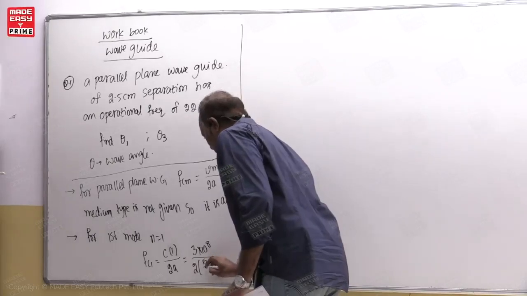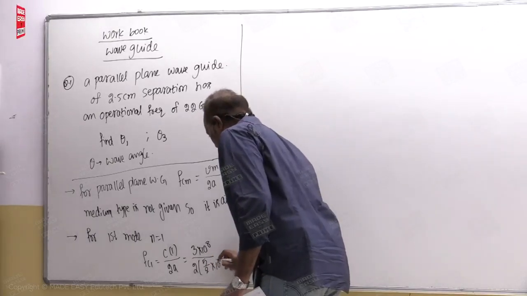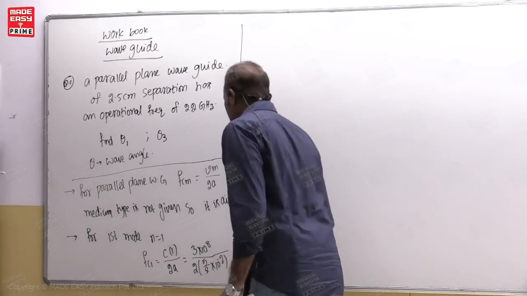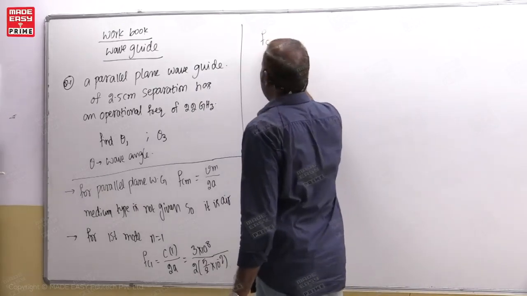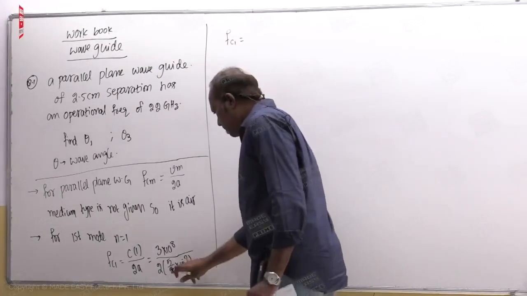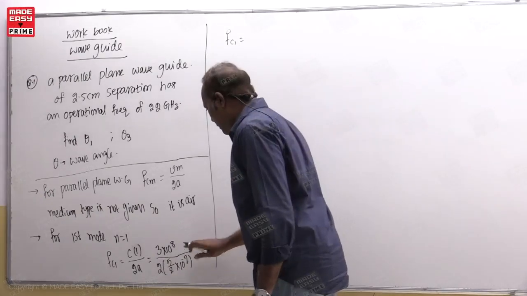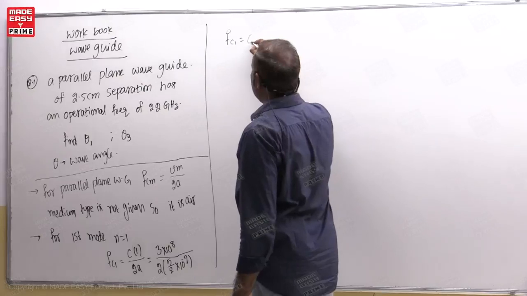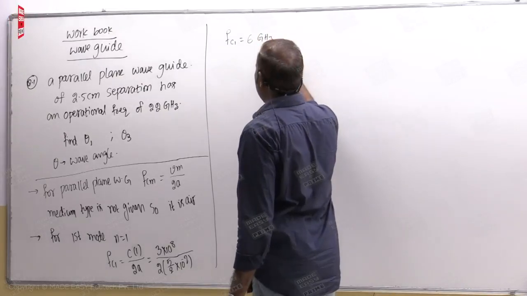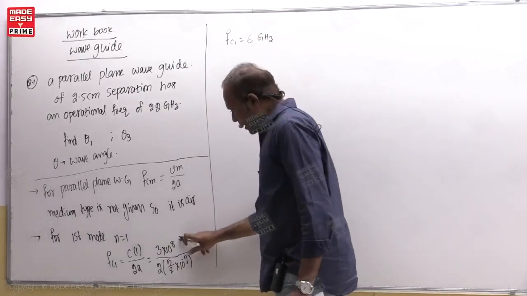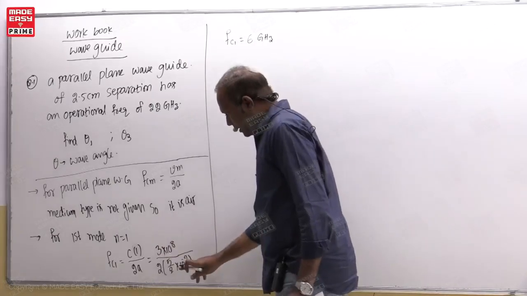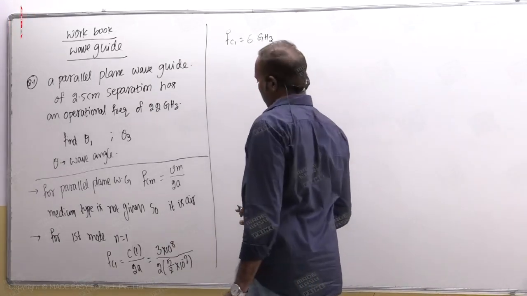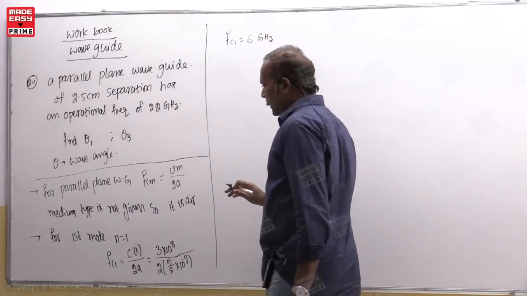So 2.5 means 5 by 2 into 10 to the power minus 2. So FC1 is equal to, 2 cancels, 30 by 5, 6 gigahertz you get. Okay, next.